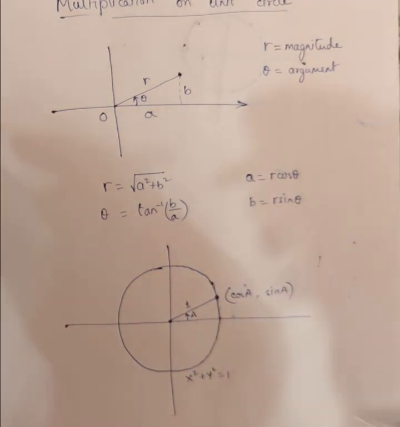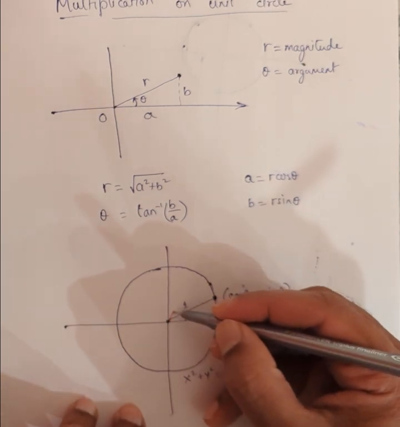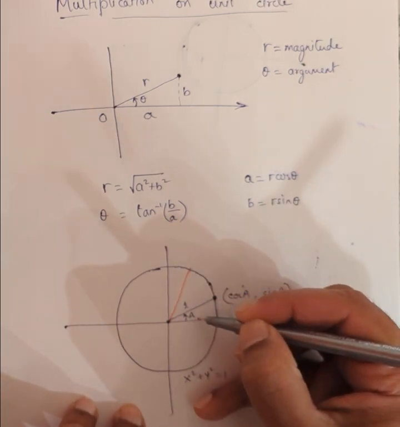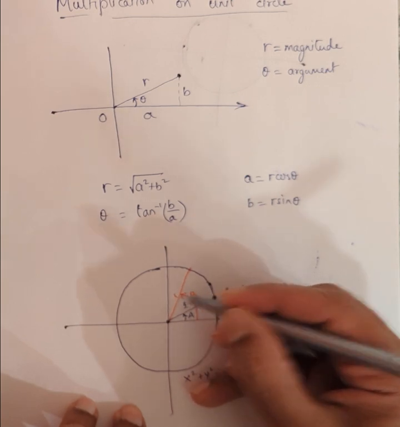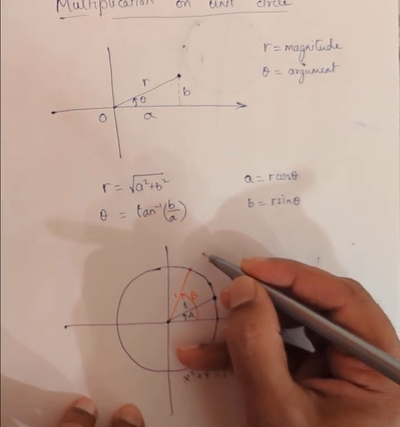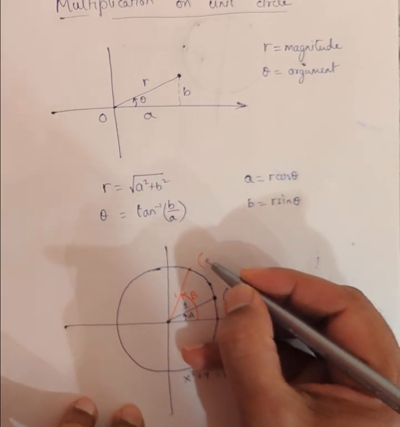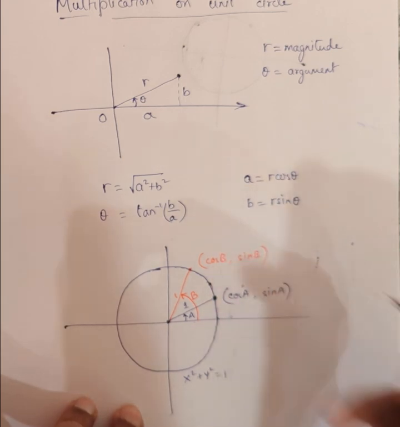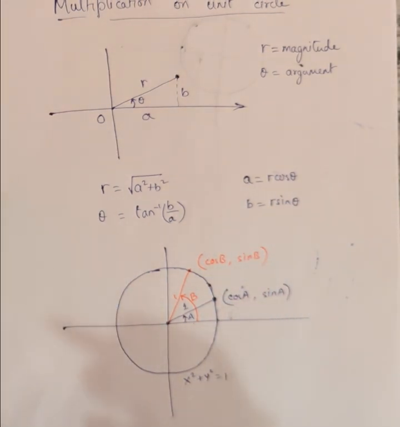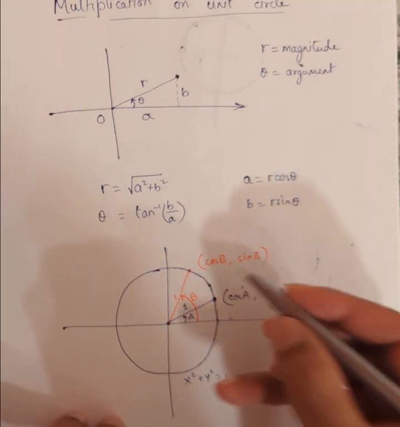Now let's use another point on the unit circle. Say it has an argument of b. So this point's coordinates are cosine b, sine b. And let's try to multiply these two complex numbers.